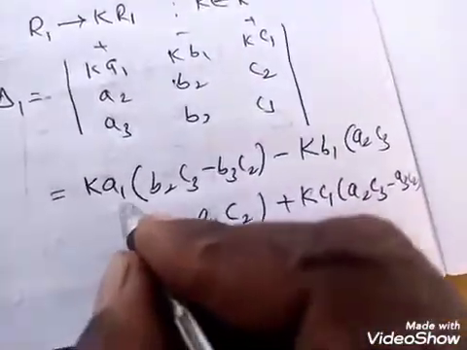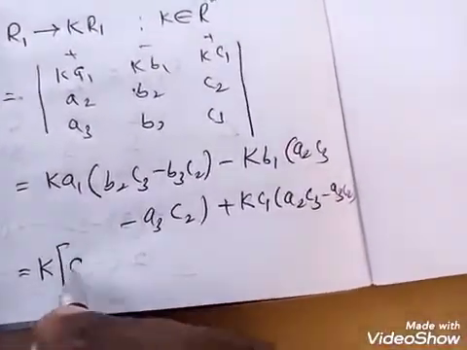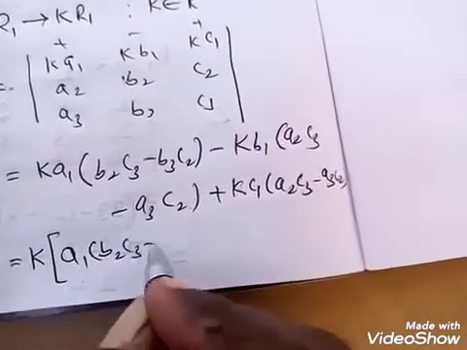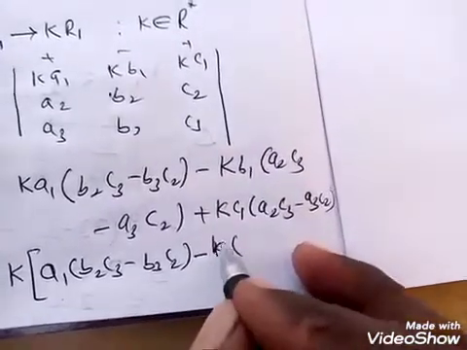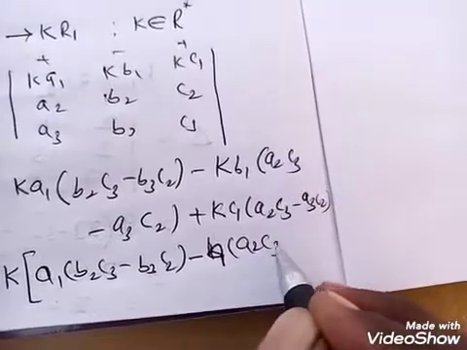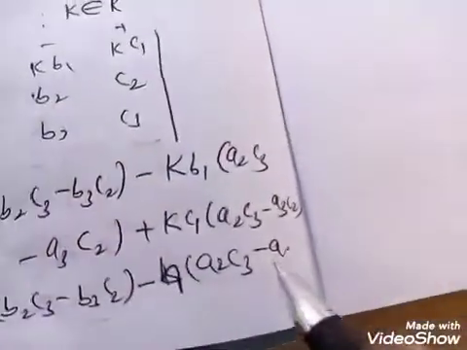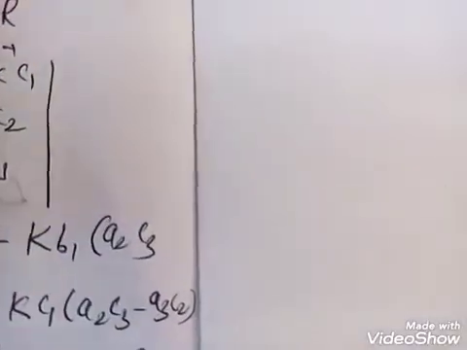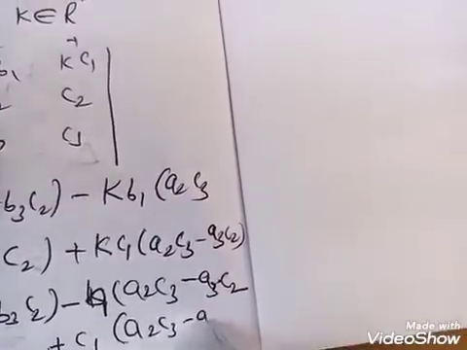Now here KA1, KB1, KC1 are there. I am taking K common from the total equation. If I take K common, what do you get? K times: A1 into B2 C3 minus B3 C2, minus B1 into A2 C3 minus A3 C2, plus C1 into A2 B3 minus A3 B2.